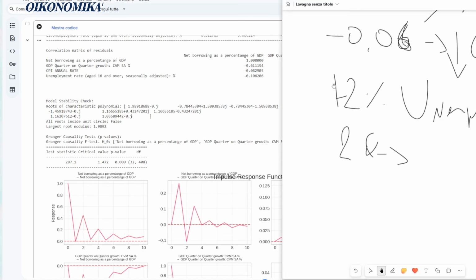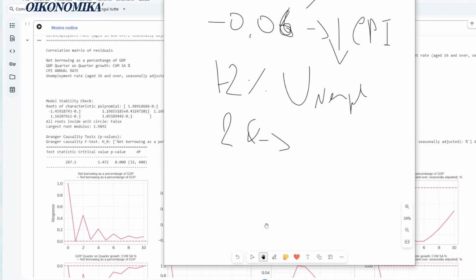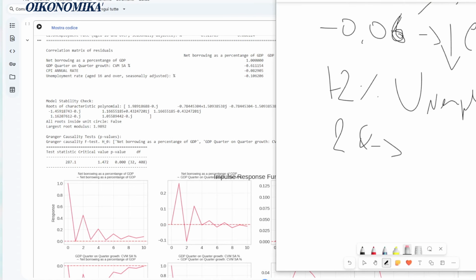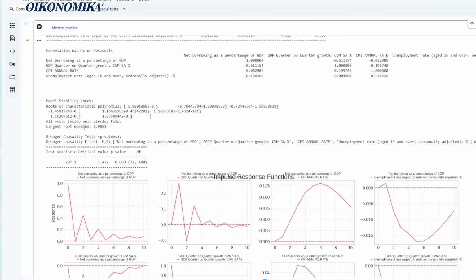What that means is that the eigenvalues are not inside the unit circle. It's like when you have a radius. I cannot explain this stuff. If you know it better, it does matter. The eigenvalues are what you find when you do matrix calculus, vector calculus, it doesn't matter.